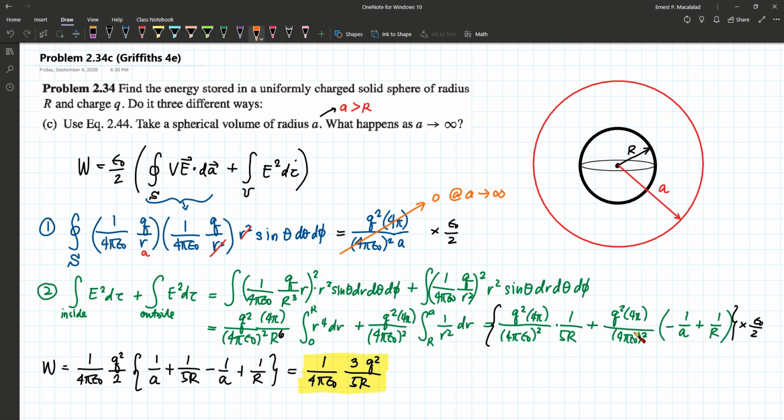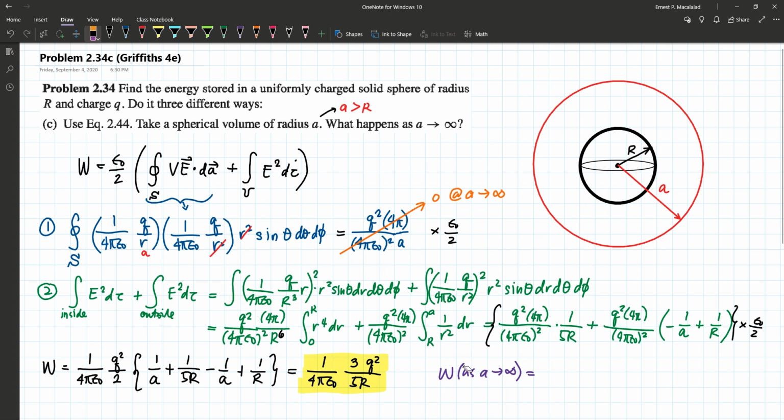It means that the resulting work done will now be equal to the work done as a approaches infinity. So we're going to make this spherical volume of radius a very, very big.